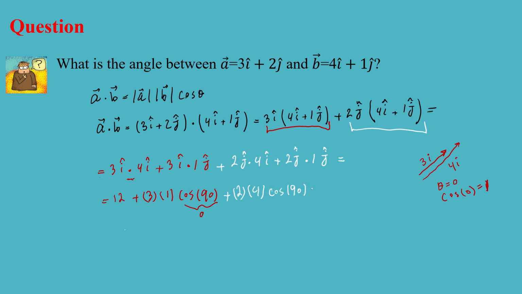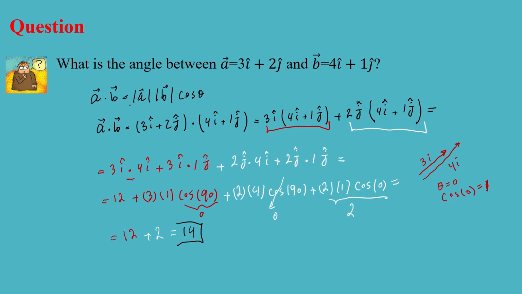This is for the first part. And for the second one it's going to be 2 times 1 times cosine 0. So this one is going to be 0 because cosine 90 is 0, and this one is going to be 2. So let me summarize it. I have 12 for the first part, and for the second part I got 2, so the total is going to be 14.